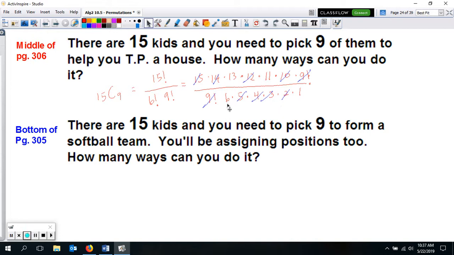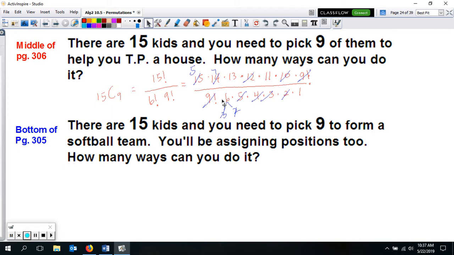And now we could just start crossing out things. So we could start crossing numbers out here, 5 and 2. 5 times 2 is 10. We can cross out the 10 with 5 times 2. 4 times 3 is 12. We can cross out the 12 with that one. The 6, we could even break up into 3 and 2. And 3 goes into 15 5 times, so we can make that a 5, and 2 goes into 14 7 times, we can make that a 7.